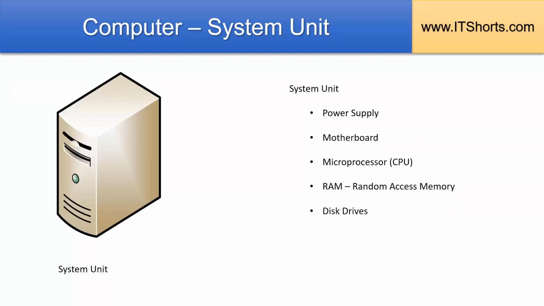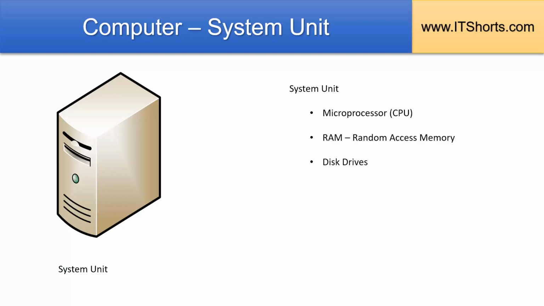A system unit contains many things such as power supply, motherboard, microprocessor, random access memory, disk drives, etc. Considering the fact that I first opened a computer as a computer service engineer in the year 1991, I can talk about these for hours and hours. But that's not the goal of this video series here. We are all about getting to know cloud computing.